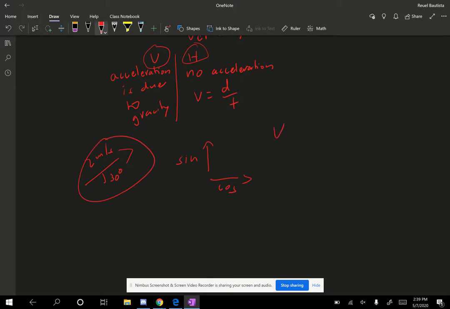So vertical velocity will be 2 sine of 30 degrees, and make sure the calculator is in degrees. And the horizontal velocity will be 2 cosine of 30. That's very important to work out. Now we have our initial vertical velocity and our horizontal velocity, so we can do several things to solve this problem.